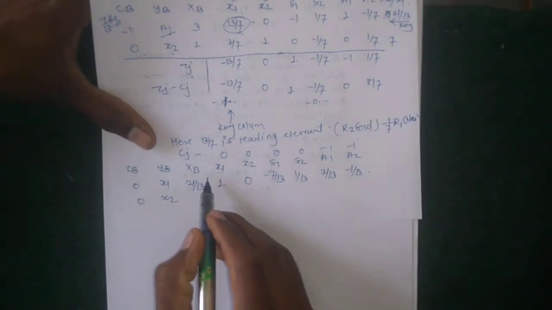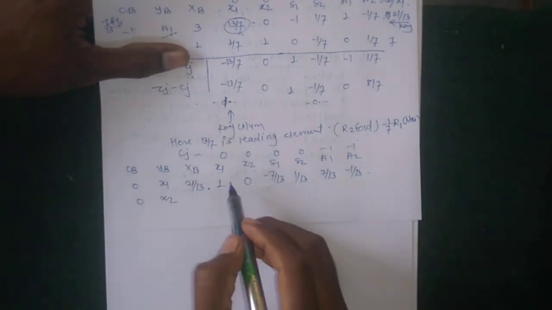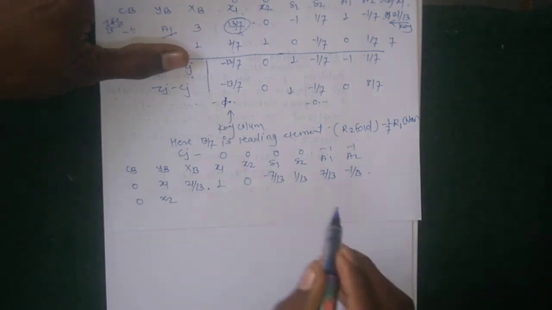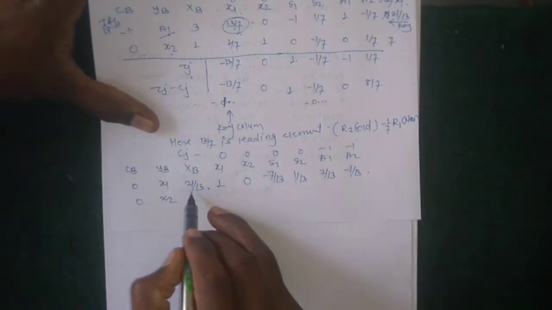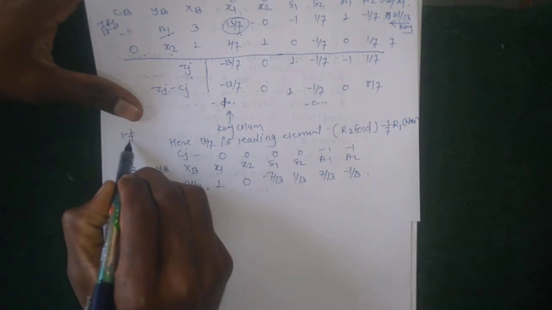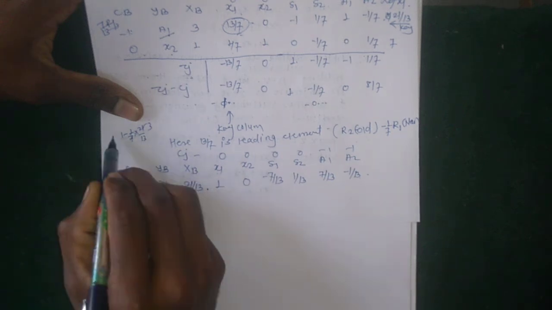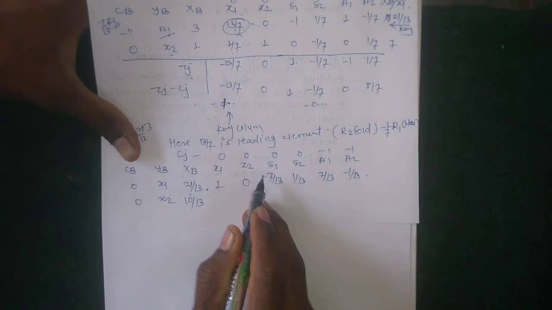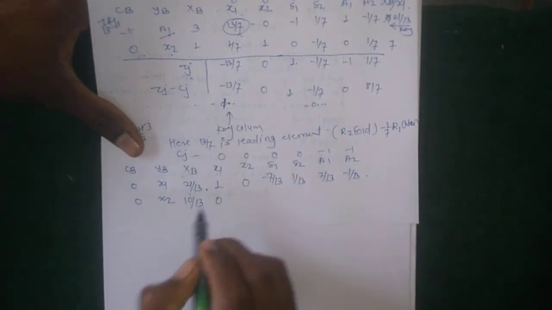So 1 minus 1 by 7 into 21 upon 13 means 13 minus 3, 10 by 13. For the second, 1 by 7 minus 1 by 7 we get 0.